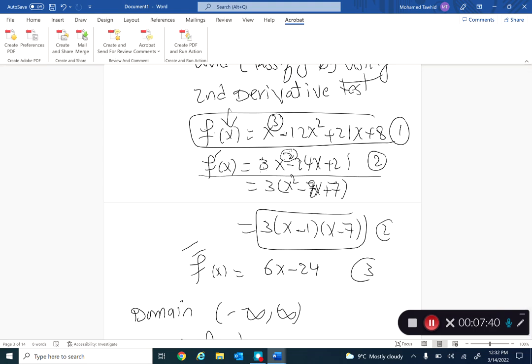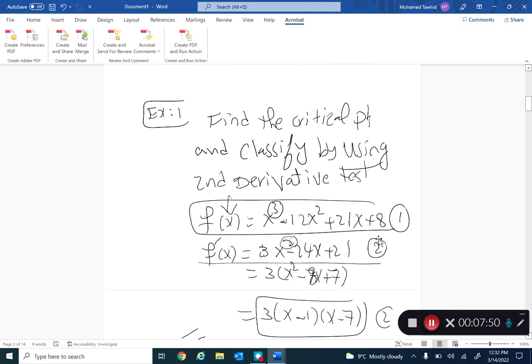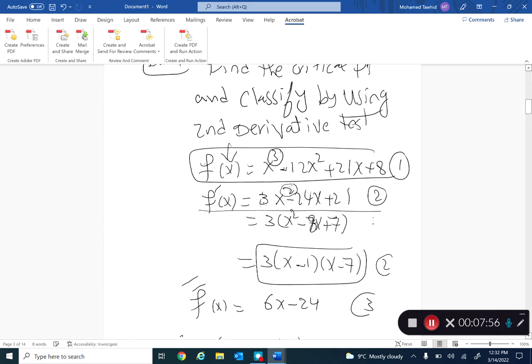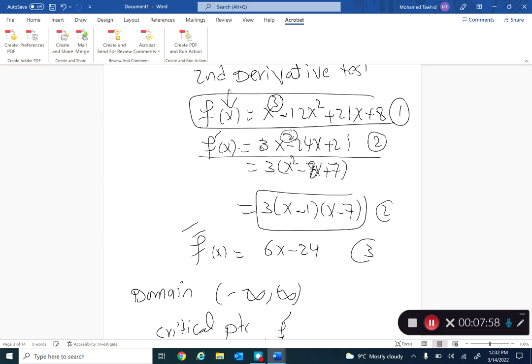This derivative I have to find. If I look at the first derivative, it always exists for any real number x. Why? Because it's a polynomial of degree 2, and that always exists.